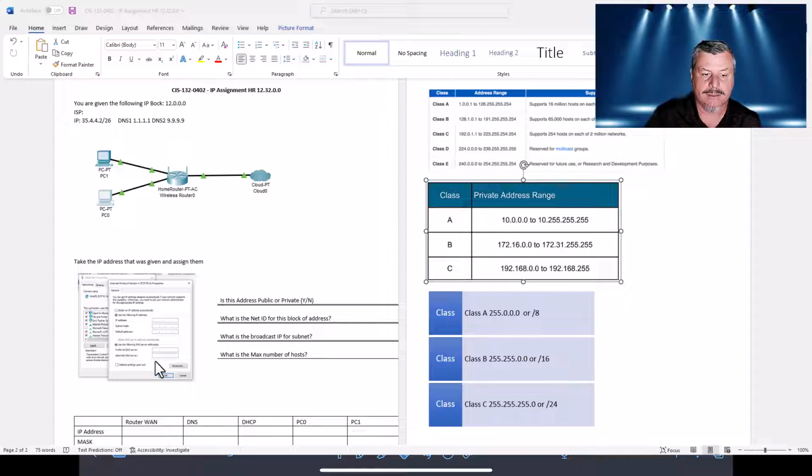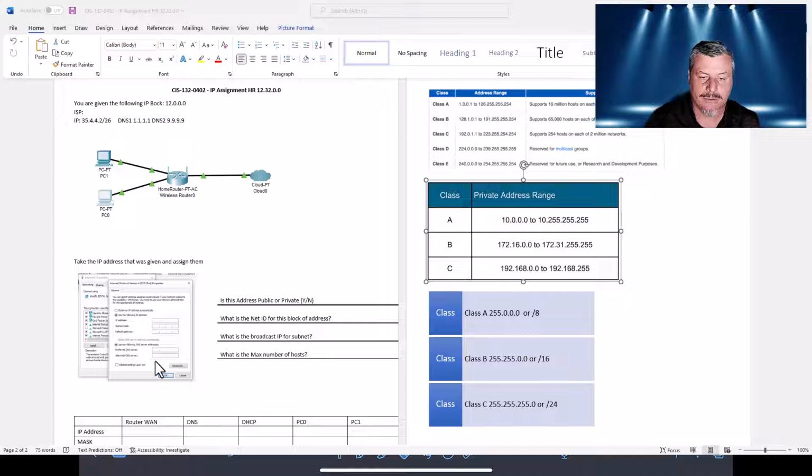So right here, that gives us our two answers. Our ID would be 12.0.0.0. Our broadcast would be 12.255.255.255. Again, remember, 8 bits: when we add them all up, we get 255.